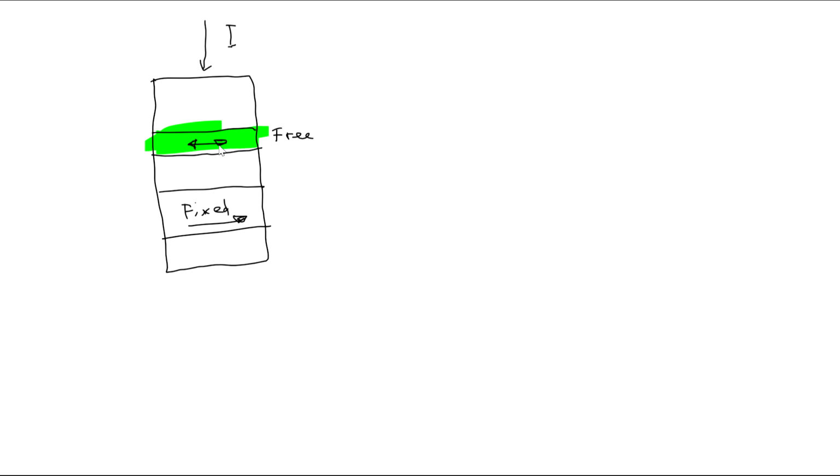So if the free layer is pointing in this direction, you'll have low resistance, low R. If your free layer is pointing in that direction, you'll have high R, high resistance. So those two resistances can be your logical 1 and logical 0.